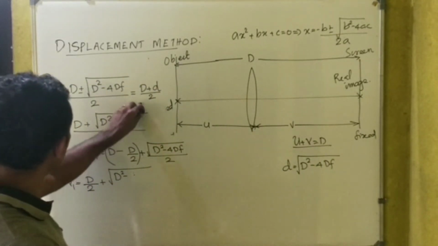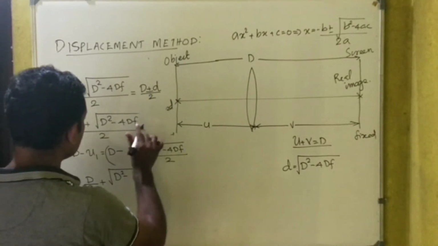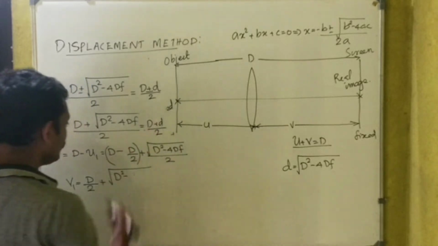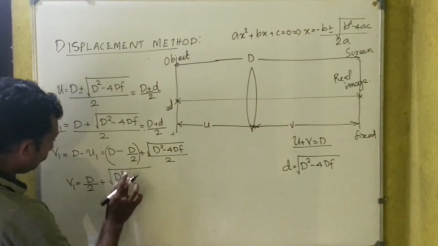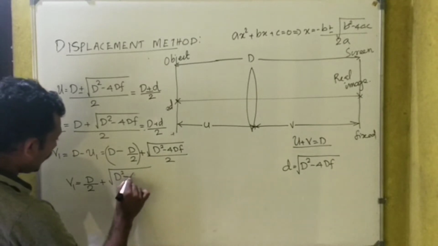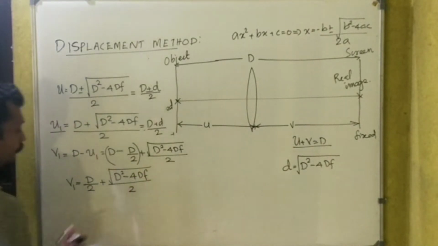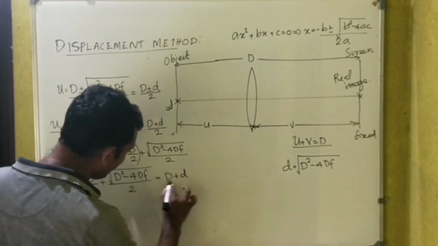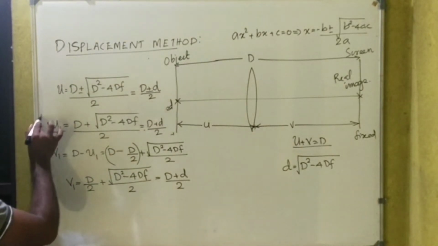So in this case, u1 is equal to D plus small d divided by 2. Correspondingly, I got v1 is equal to d square minus 4df by 2, which is equal to D minus small d by 2. Agree?